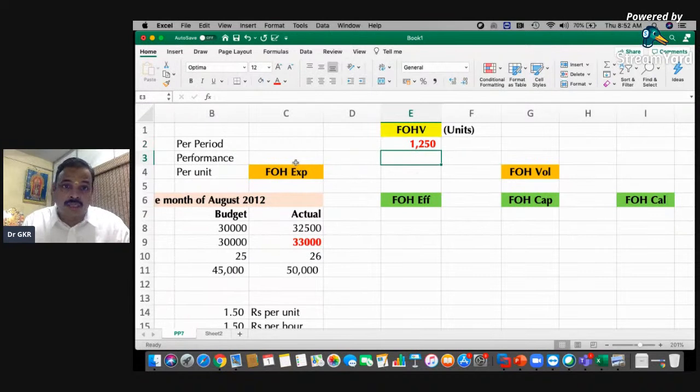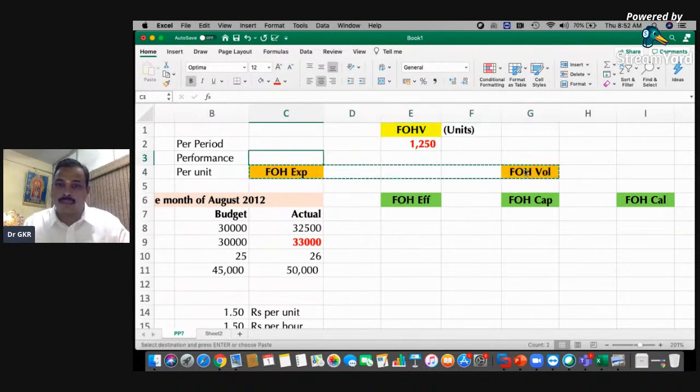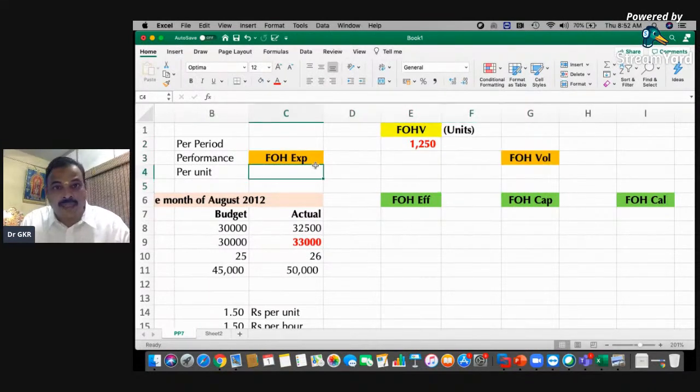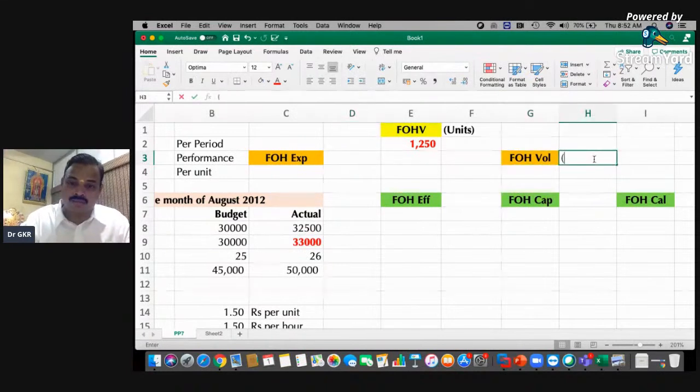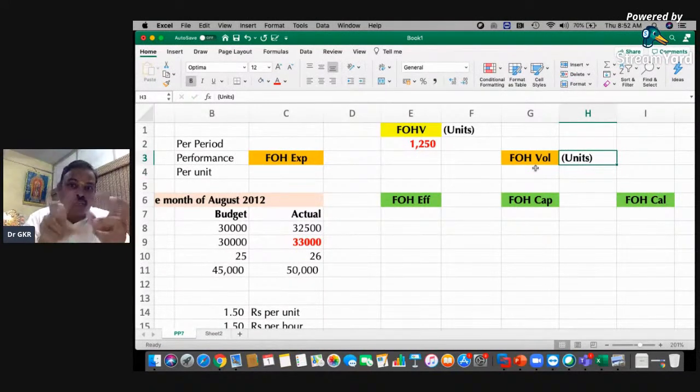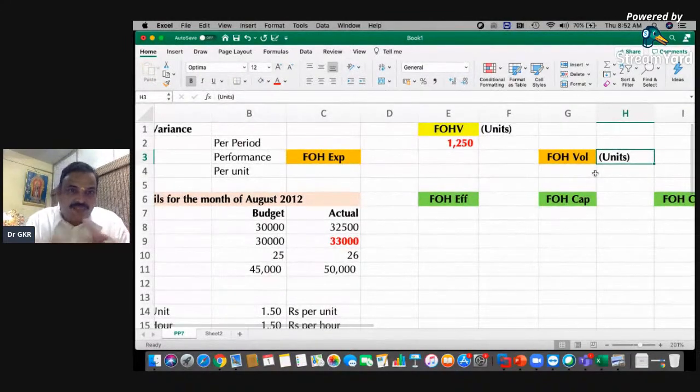Now, we are going to divide this into two parts: expenditure variance and volume variance. Remember, guys, volume is always with respect to units, so there I will find the difference between budgeted units and actual units.